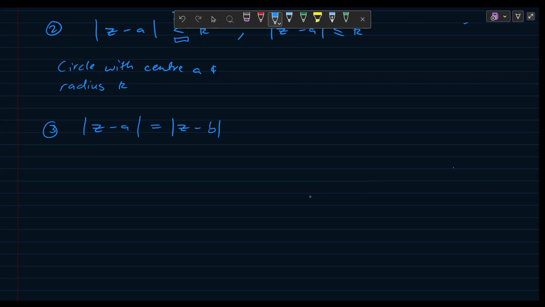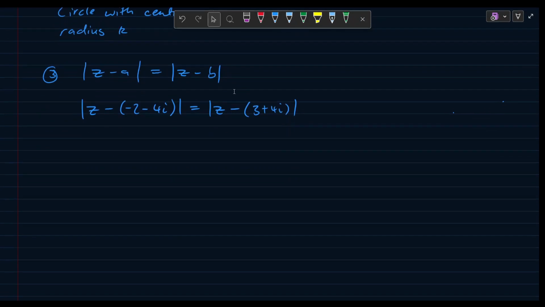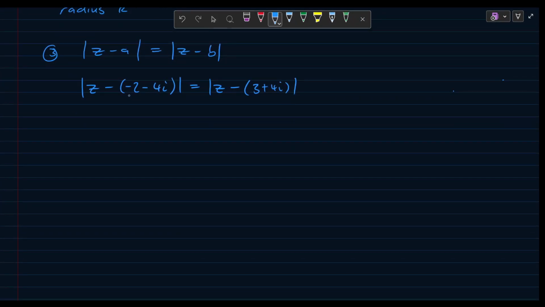So let's look at an example. Say we're given the modulus of z minus 2 minus 4i is equal to the modulus of z minus 3 plus 4i. So this means we have to bisect the line that connects this complex number to that complex number.